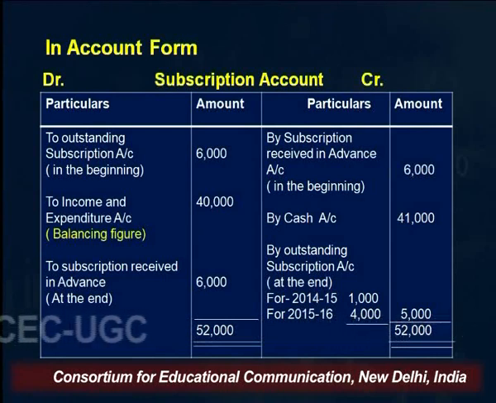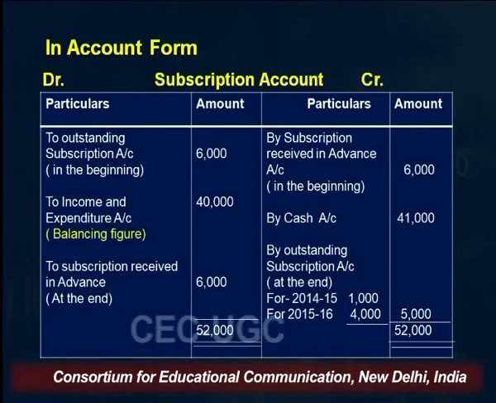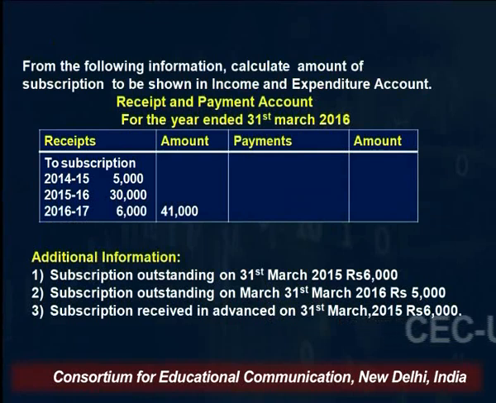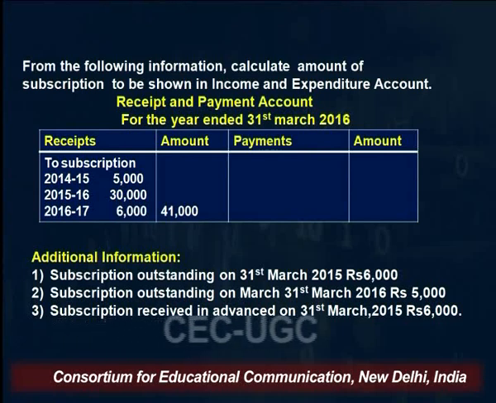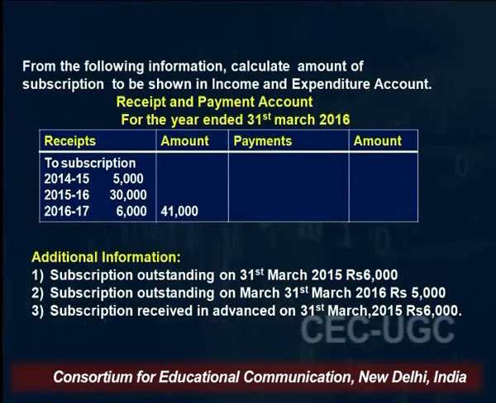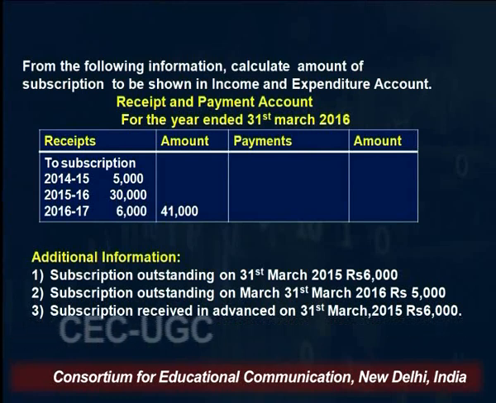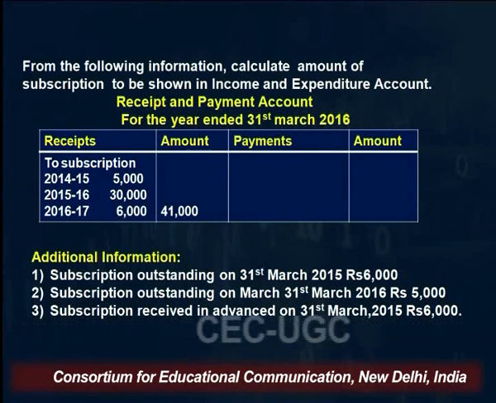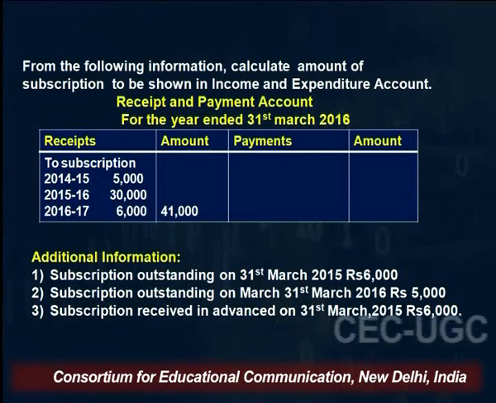For the current year, the outstanding subscription is 4,000. How is it calculated? It is given in the additional information in the second point that the subscription outstanding on 31st March 2016 is rupees 5,000. That means at the end of the current financial year, the total subscription which was outstanding was 5,000.